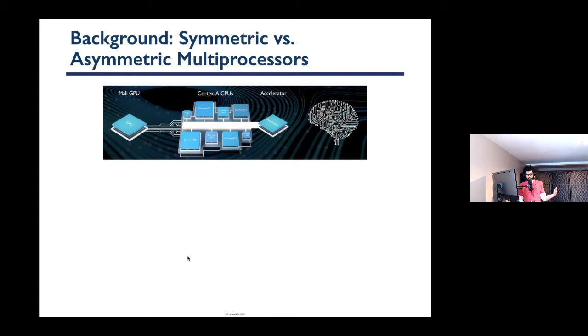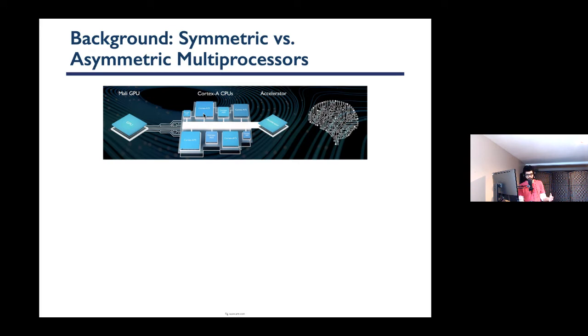Modern processors right now on your CPU, on your tablets, on your cell phones, some laptops maybe, are asymmetric multiprocessors. We have on our processors different processing units with different computing power.